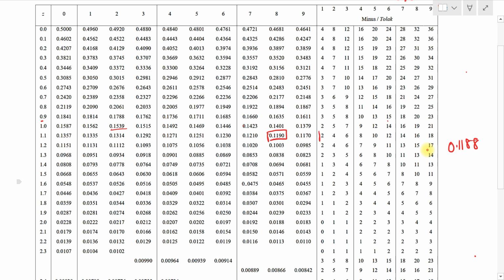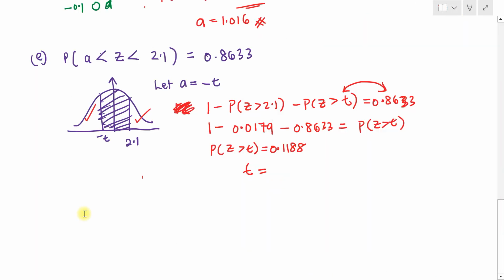And then you need to minus 2. You all know 90 minus 2 you get 88, right? So now you see how fast we find this. So 1.181. Okay, that is the Z value. 1.181. So that is t.